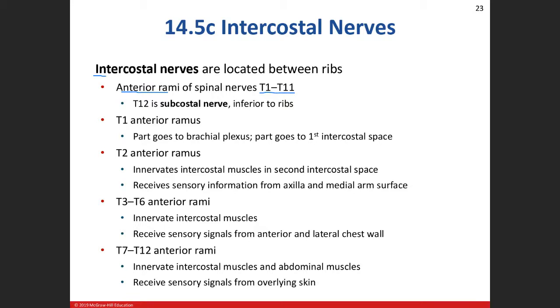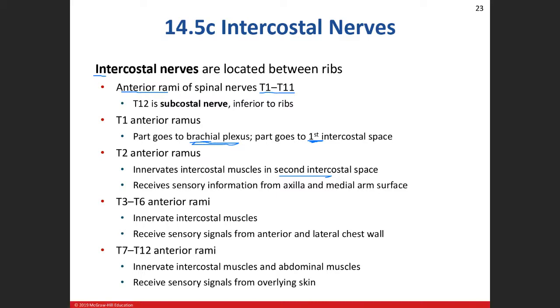T1 will make some contributions to the brachial plexus, but you will see the anterior ramus go to the first intercostal space. Therefore, T2 will be found in the second intercostal space.